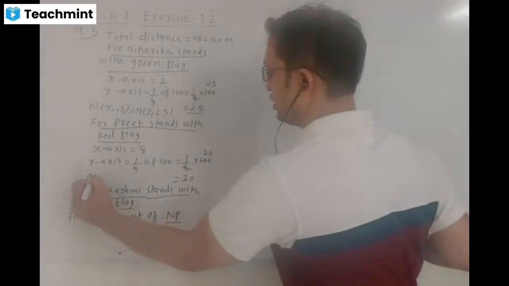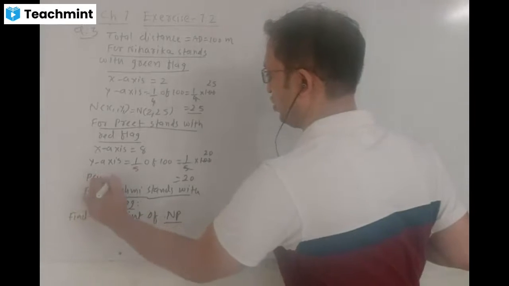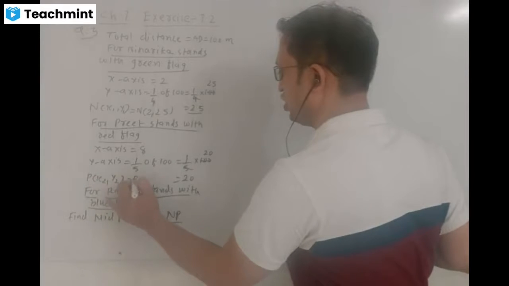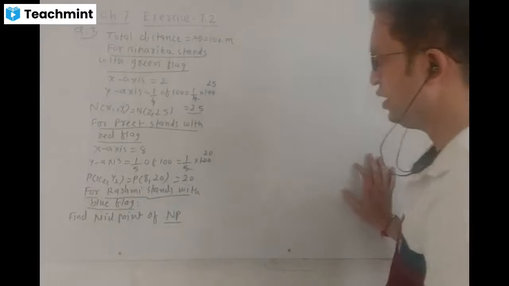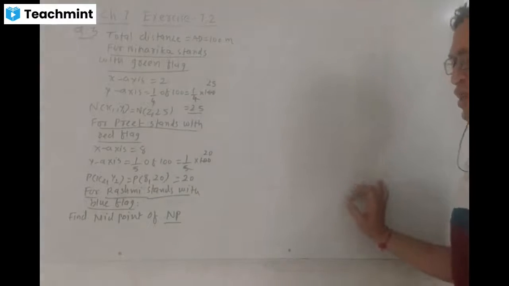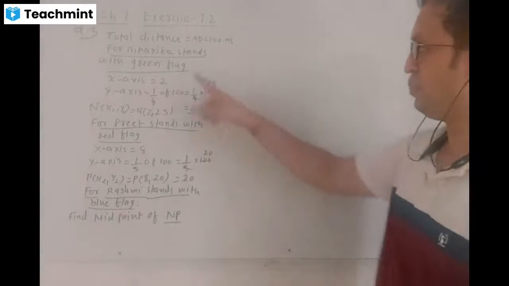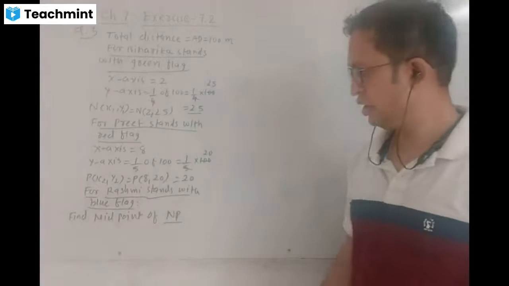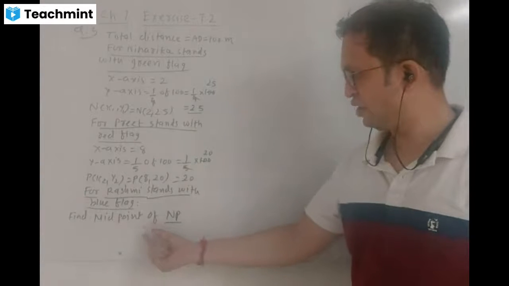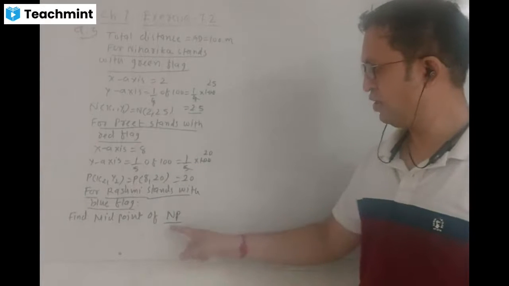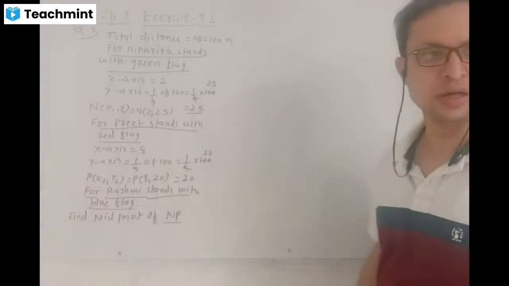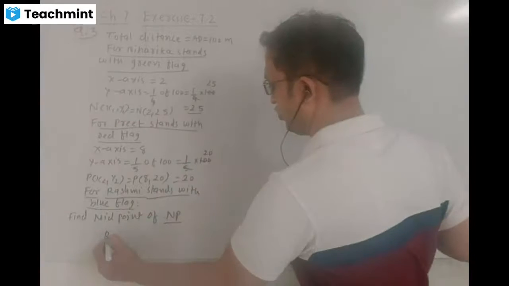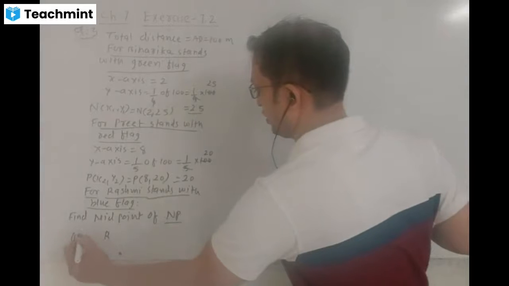Therefore, Preet stands at (x2, y2), which is P(8, 20). And Rasmi is exactly halfway between Preet and Niharika. Find the midpoint of NP, that means find the point R(x, y).